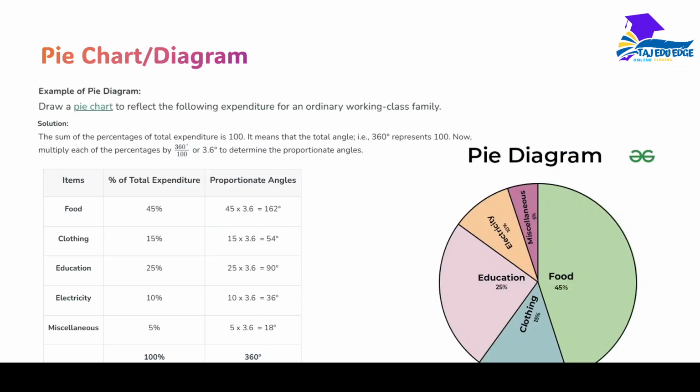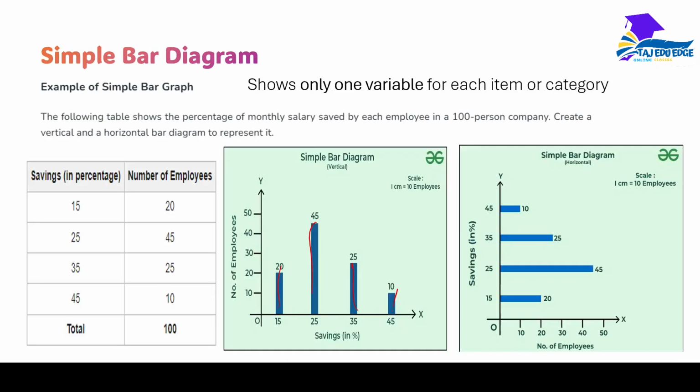This is what we call a pie diagram. Here you are seeing food, clothing, education, electricity, miscellaneous, how much is being spent, the total expenditure on different aspects of life of an ordinary working class family. This is an example of a pie chart.